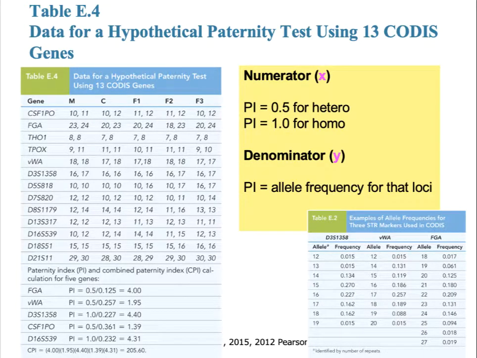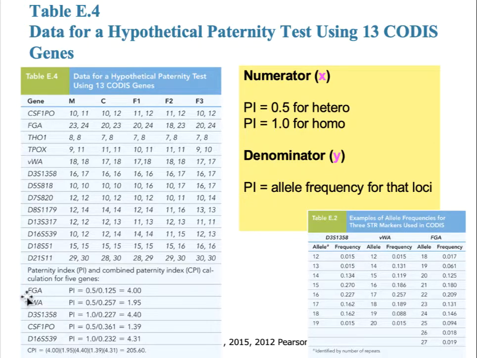Working through the example with the F1 putative father, let's have a look at the data. Looking at the FGA locus, we find that the F1 father has 2 alleles. Therefore, he's heterozygous. He has an allele 20 and an allele 24. So, for that locus, FGA, allele 20 has a frequency of 0.125.